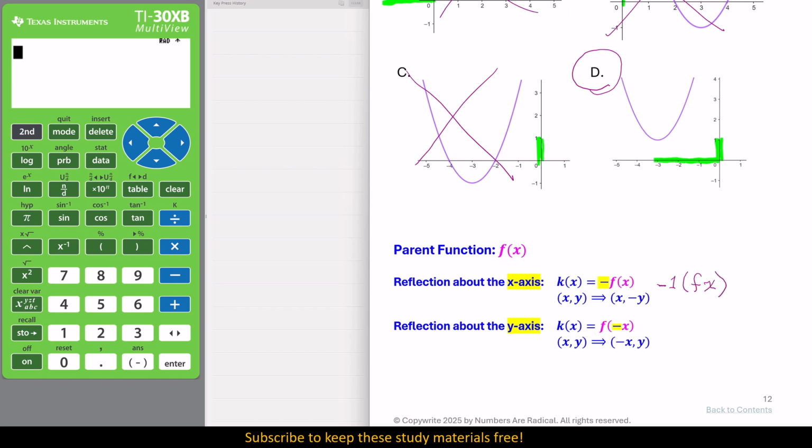For reflecting over the y-axis, it's not a -1 times the entire equation. We do what you see here. You have to put a negative, let me put -1 there.